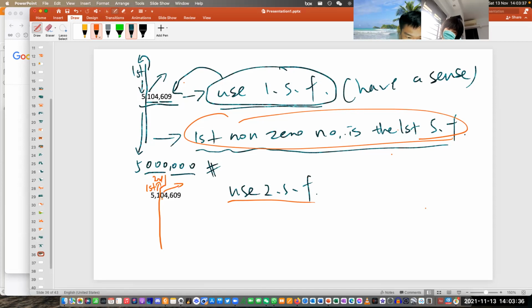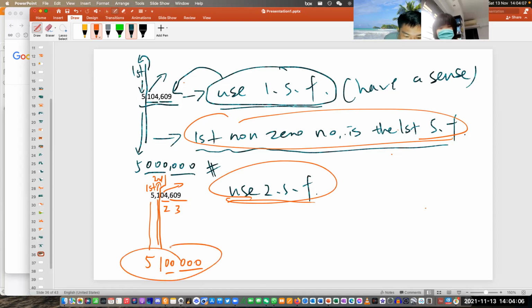Look at this, it's 0. Do you round up or round down? Round down. So 5 is 5 and 1 is 1, then the rest I replace by 0s. So if you use two significant figures, your answer is this. If you use one significant figure, your answer is 5 million.